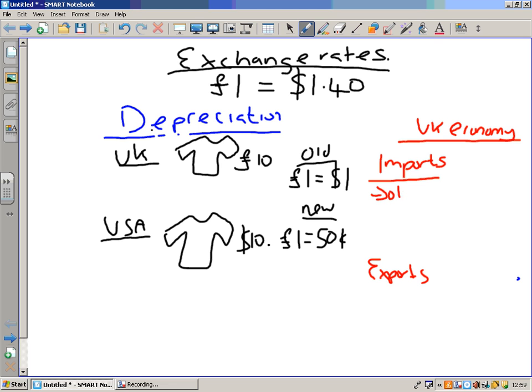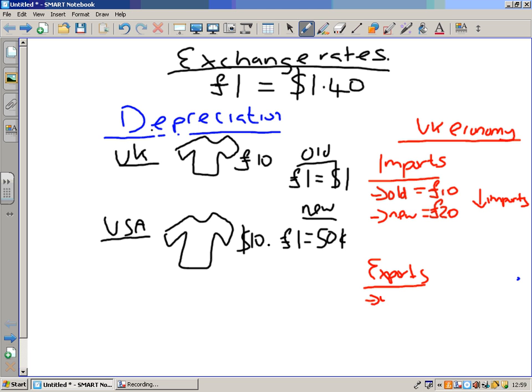At the old exchange rate, if we were to buy a t-shirt from America, £1 equals $1, it will cost us £10. At the new exchange rate, we still got to fork out $10, but to get those $10, we've got to give over 20 quid. Imports will therefore fall.